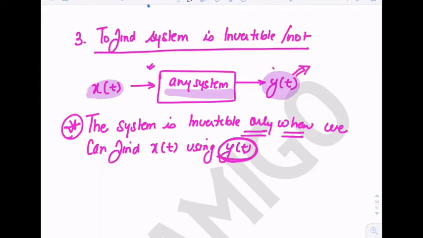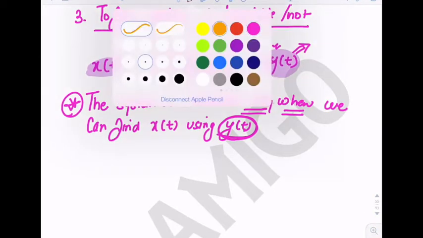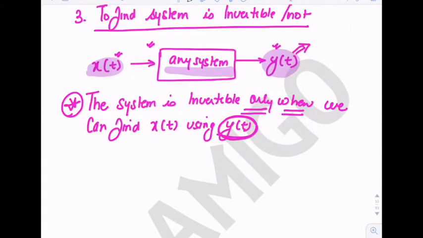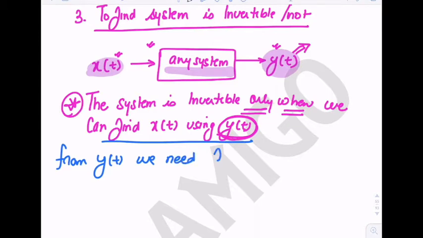That is, if by analyzing the output we can find the input of the system, then that system is called the invertible system. Okay, now let's analyze this definition. That is, from y(t) we need to find x(t).